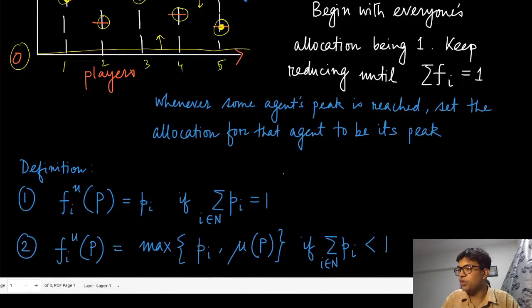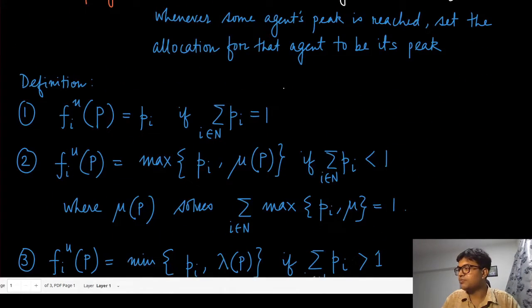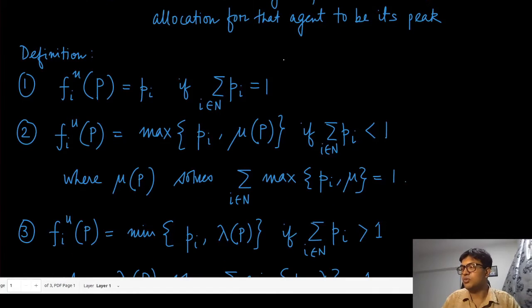Whenever the sum of the peaks is exactly equal to 1, then it's unsurprising. You just have to give each of these agents their peak.